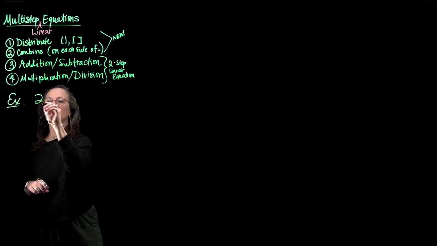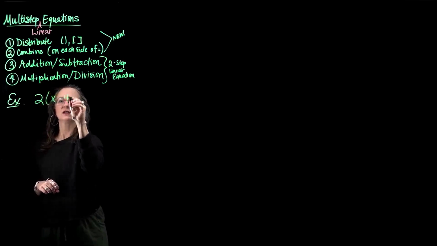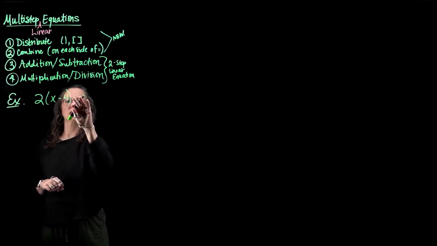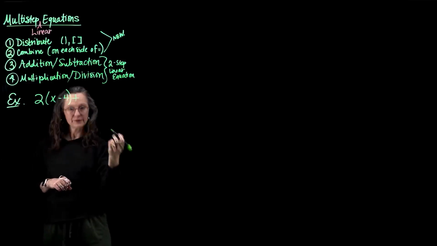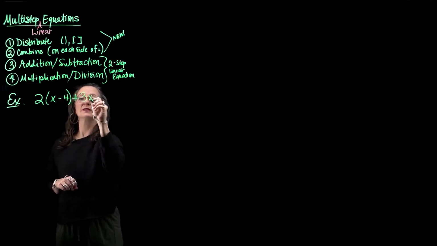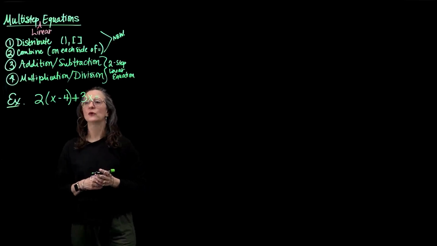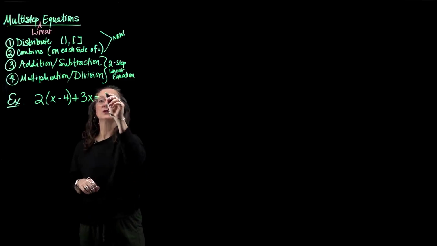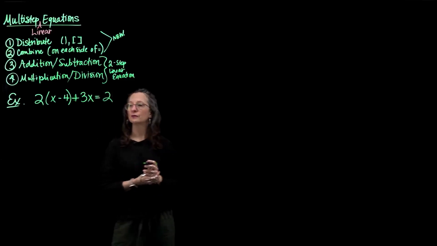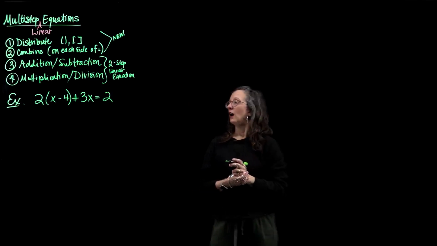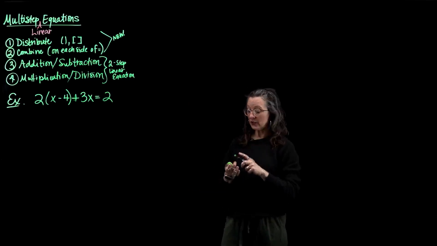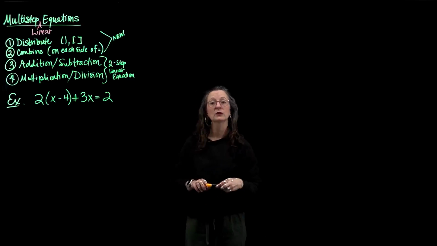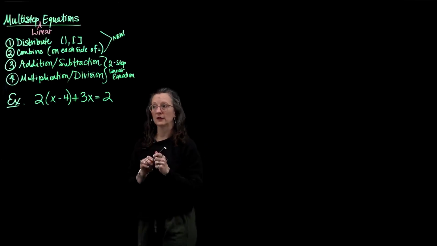So I have an equation. Oop, not an equals there, that's a plus. All right, I have 2 times parentheses, x minus 4, close parentheses, plus 3x is equal to 2. Our first step tells us that we need to distribute into those parentheses.